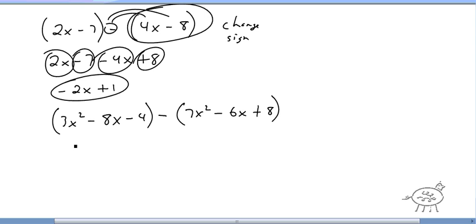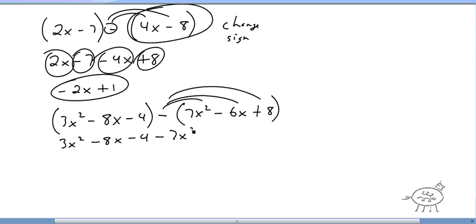So before I start the problem out, I'm just going to change the sign or distribute that negative. Just like I said, change the sign. So you get 3x squared minus 8x minus 4. That one you just rewrite, and then it's minus 7x squared, and then negative, so you change the sign, so it's plus 6x, and instead of a positive 8, it's negative 8. And then you combine like terms.